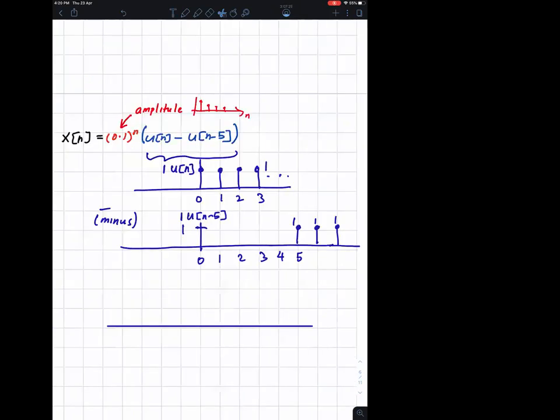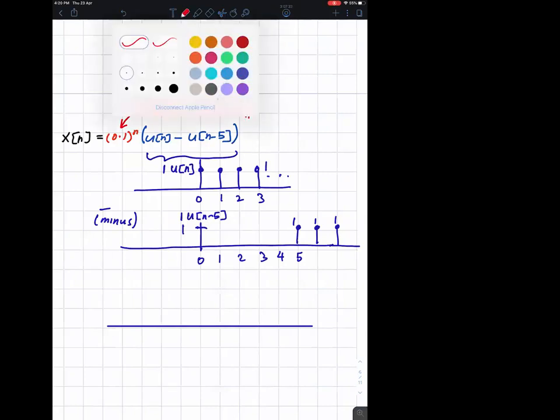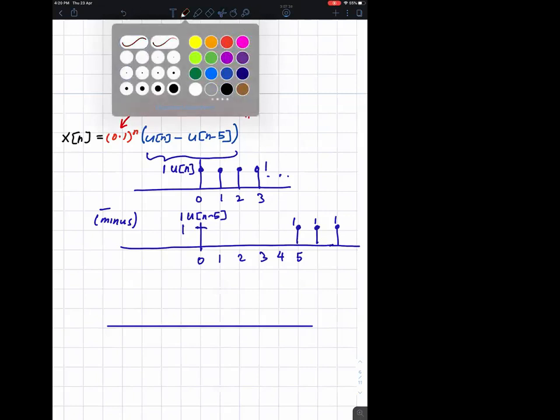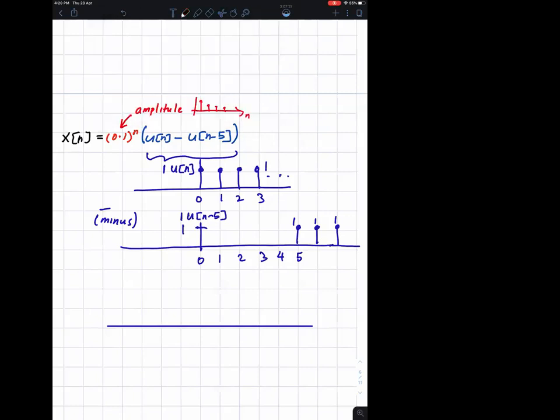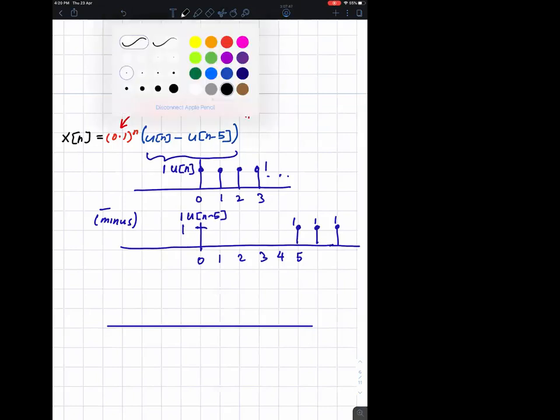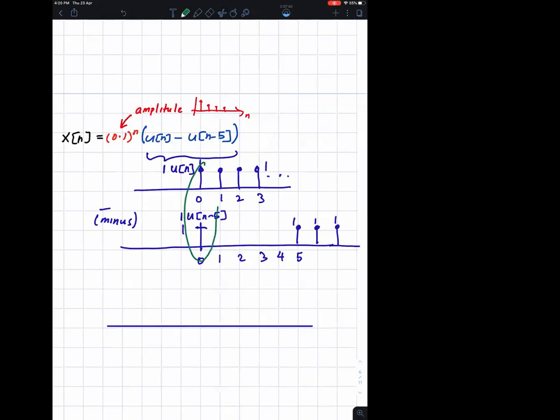Now we try to subtract u[n] minus u[n-5]. When n is equal to 0, u[n] is 1, and u[n-5] is 0.